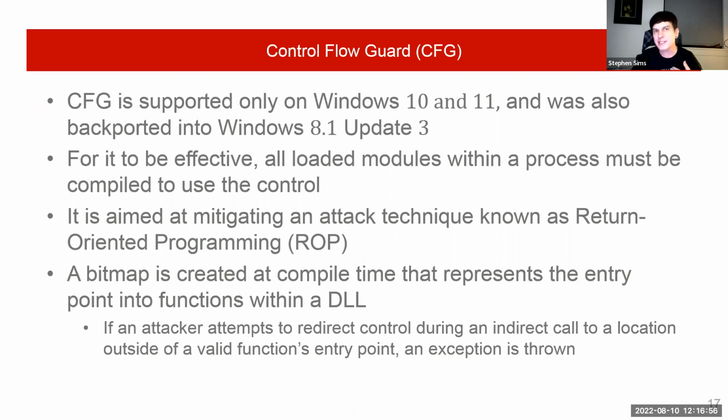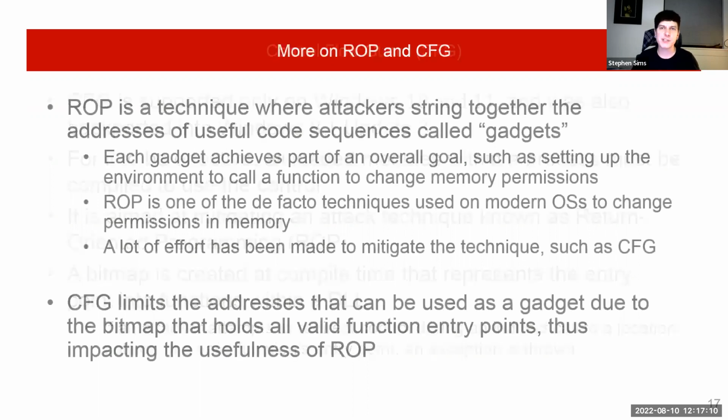As long as the address that we're going to call is in a block of memory in the chessboard that includes valid function entry points, we'll let it continue. Otherwise, we won't. That really focuses on indirection-based attacks and tries to prevent return-oriented programming from being a viable technique for attackers.